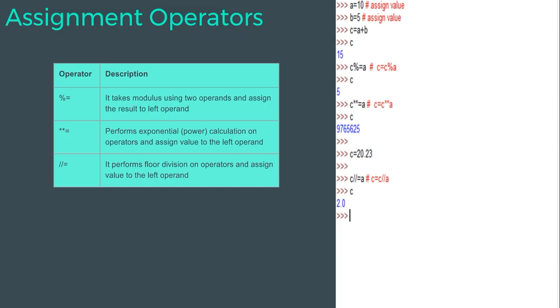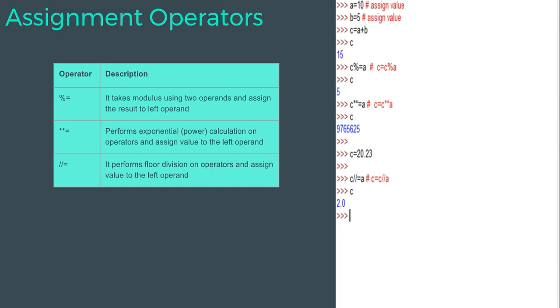Now perform the power operation, the power equal operator. c is equal to c star star a means c power of a. Here the value of c is 5, 5 raised to 10. The power will be the c.